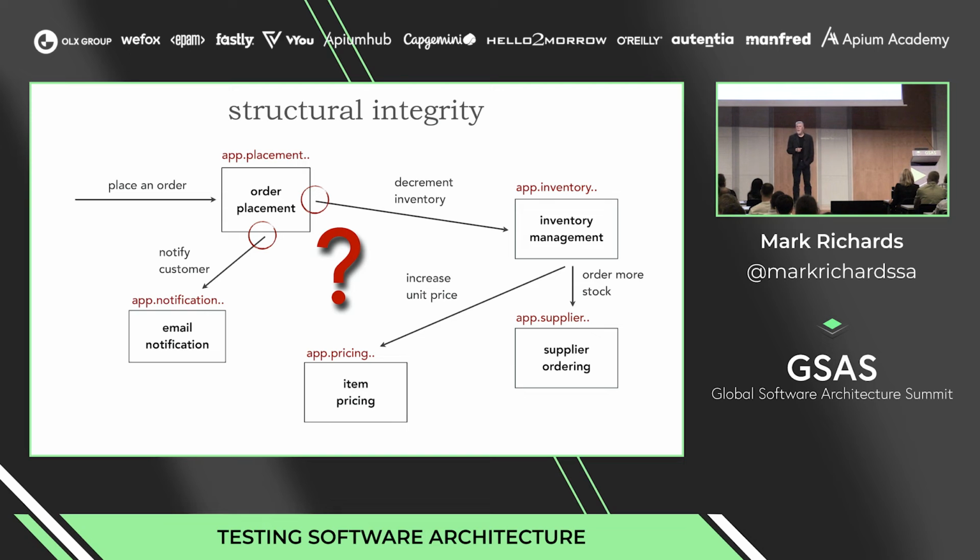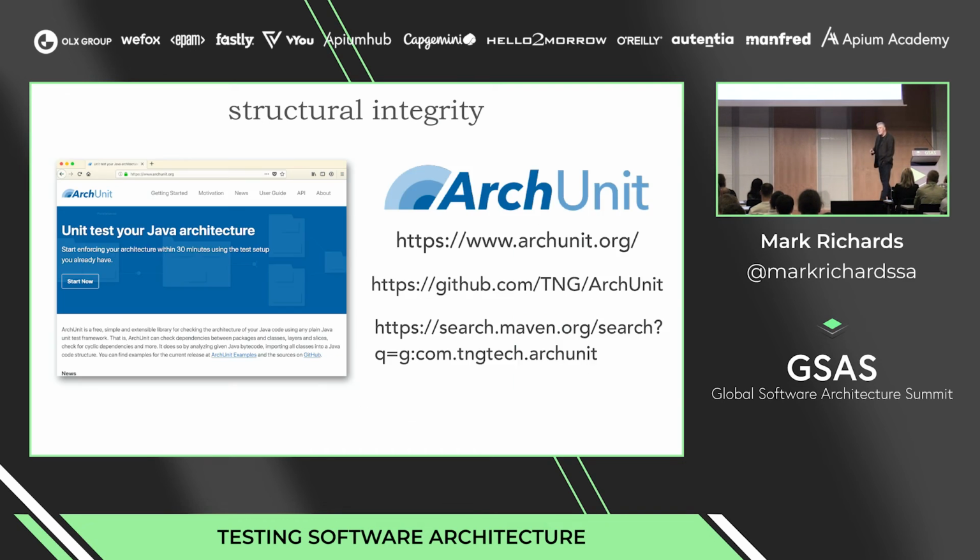How do I maintain that structural integrity? How do I ensure that order placement's not going to talk to anybody else? Fitness functions. These are different kinds of tests. Some of the tools you can use, for example, in Java, is ArchUnit.